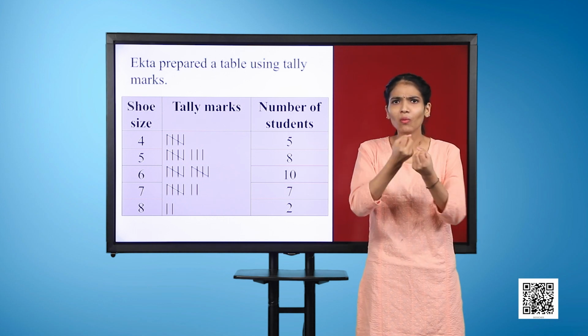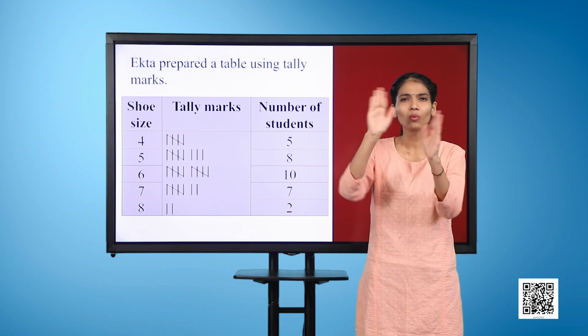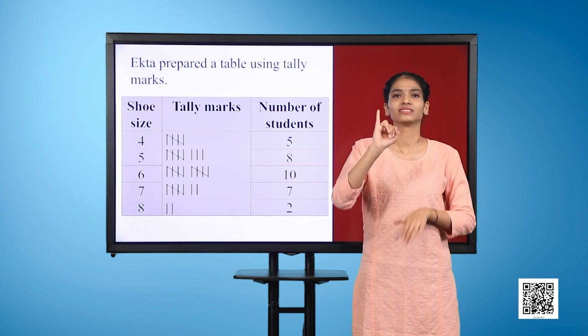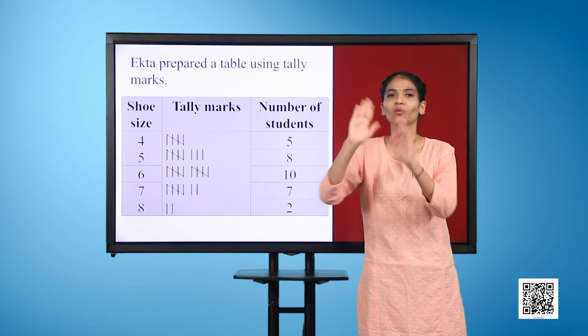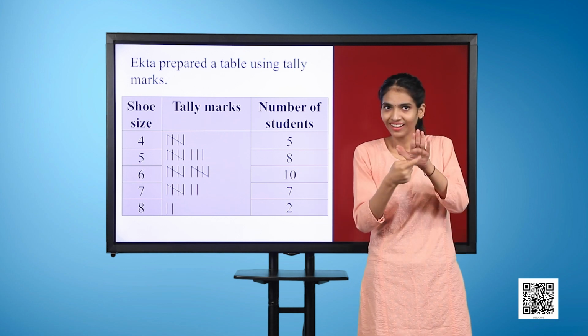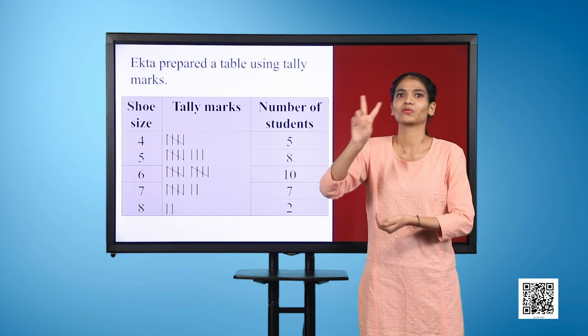Shoe size 5, tally marks 5 and 3, number of students 8. Shoe size 6, tally marks 5 and 5, number of students 10. Shoe size 7, tally marks 5 and 2, number of students 7.